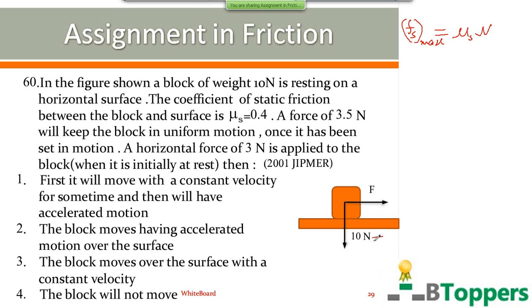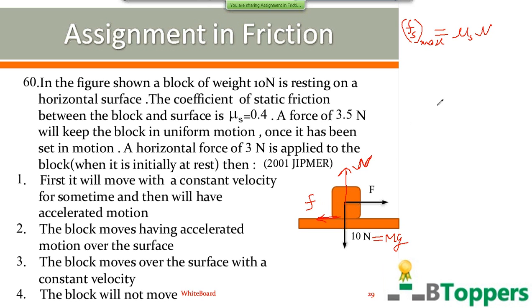Here the weight mg of the block has magnitude equal to 10 newtons. N represents the magnitude of normal reaction on the block by the horizontal surface on which it rests. It acts vertically upwards. Along with the horizontal force applied on the block, the force of friction on the block by the surface in contact acts towards the left side.